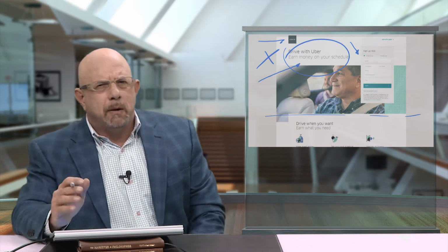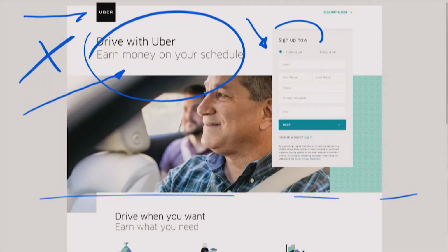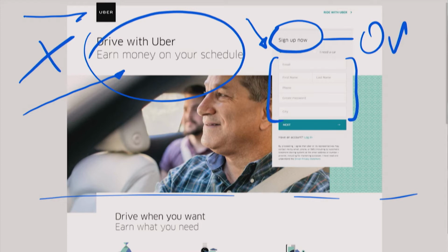Those of you that are experienced here with our site and our conversion heuristics already know there's a problem with this headline on the form. Sign up now. You're telling me to do something, and there is 0 value. And not only is there 0 value, but you've added all of this friction, perhaps more than I need. In fact, you asked me to create a password at the beginning.